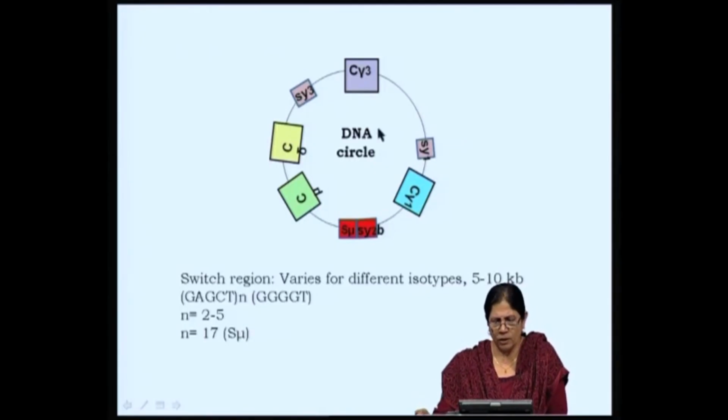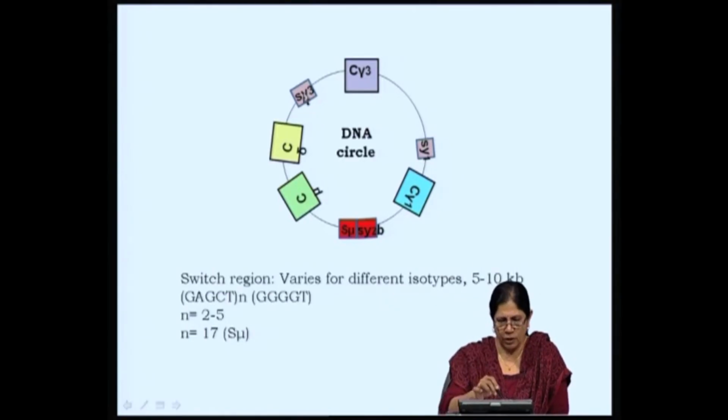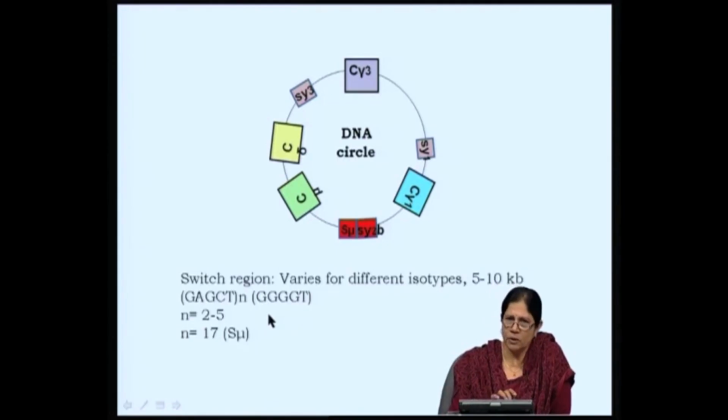Now, let us look at what the switch regions consist of. They vary for different isotypes, but each of these switch region gene segments is approximately 5 to 10 kilobases, and what is common between all of them is that they are GC rich.